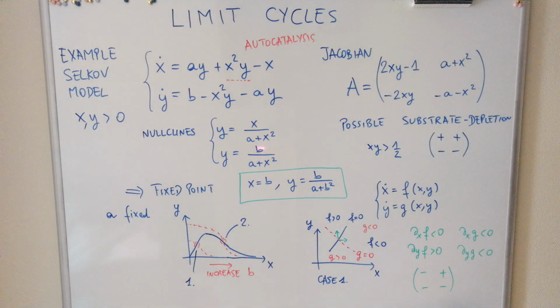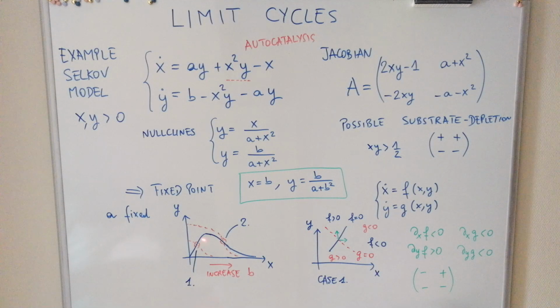The other one is a decreasing function of x, which I plotted here. I have two parameters here, but I keep a fixed and I let b vary. So if b is small, you see that this second nullcline has this shape, so it has an intersection here.